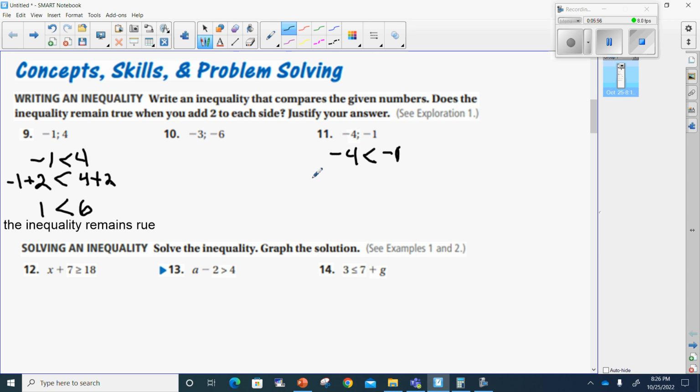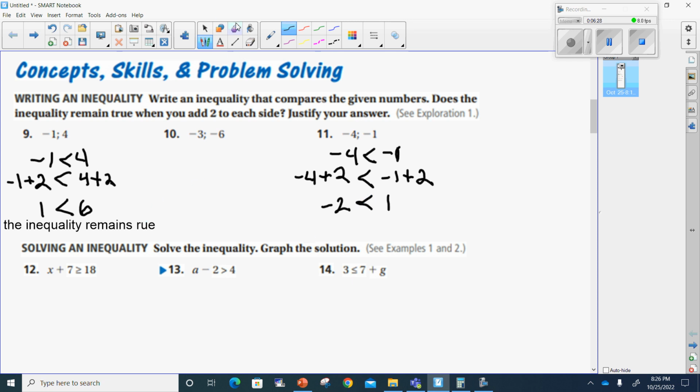So if I add 2, negative 4 plus 2, will it still be less than negative 1 plus 2? Well, negative 4 plus 2 will give me negative 2. And negative 1 plus 2, that's just 1. So yes, negative 2 is less than 1.